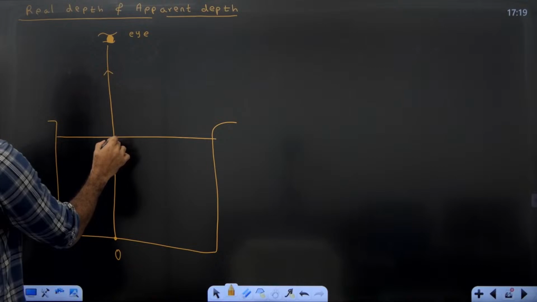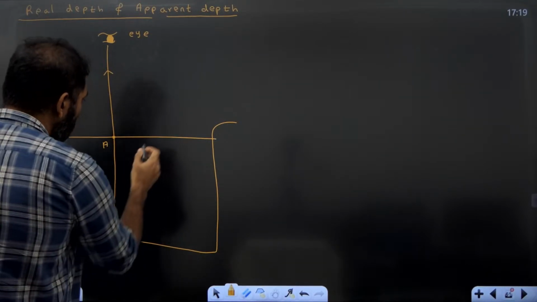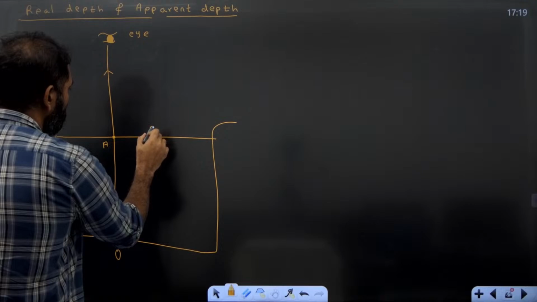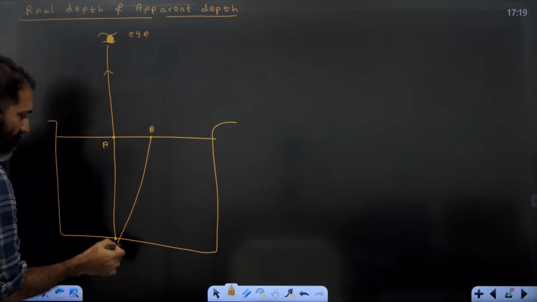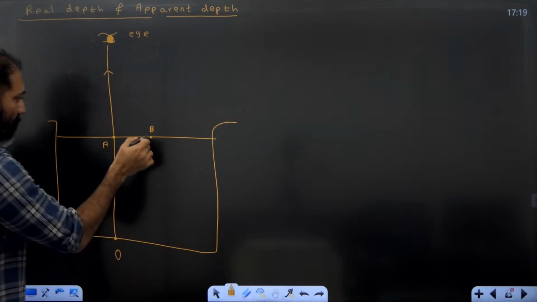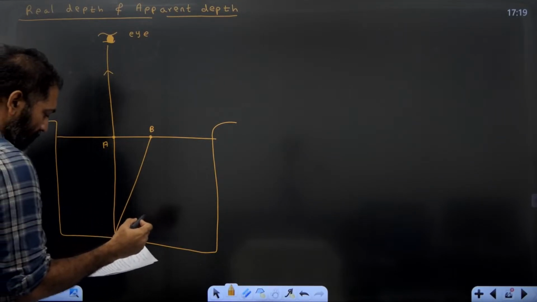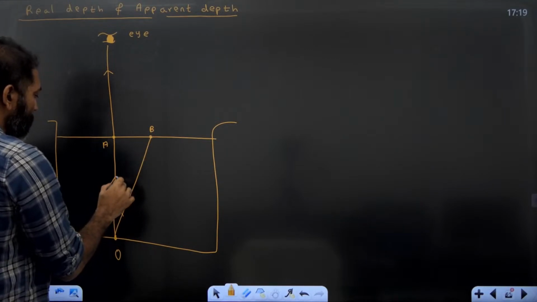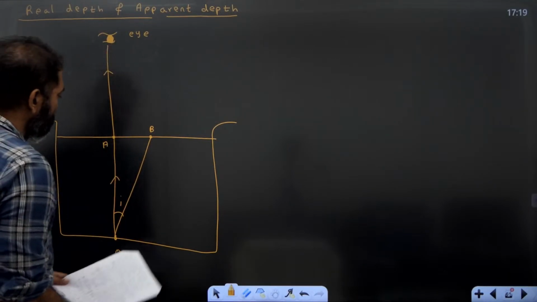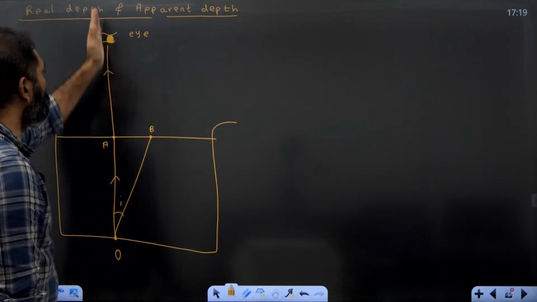This is point A. This is point B. This is angle I. This is one ray going straight. For this ray, there is no refraction because it is going through the normal.